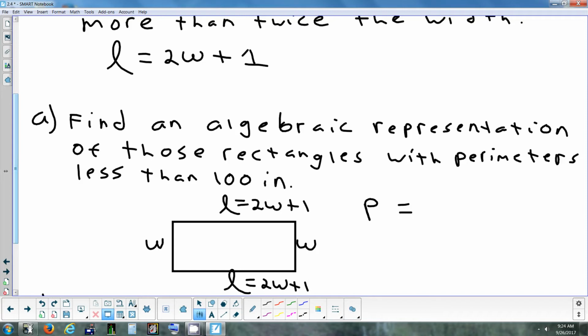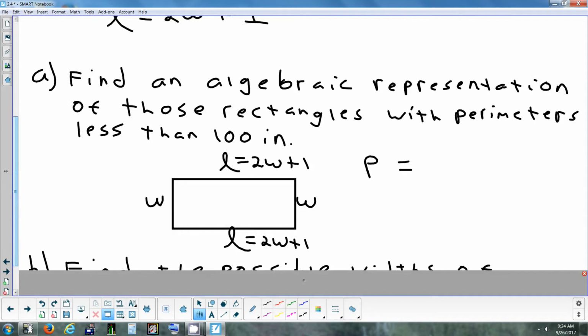So what's the perimeter of that rectangle? A number less than 100. What is the perimeter of that rectangle? Okay, it's going to be less than 100, but what would it be using the values that we've labeled here? 6w plus 2.